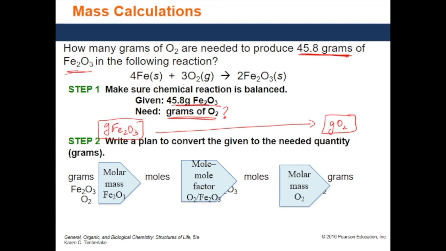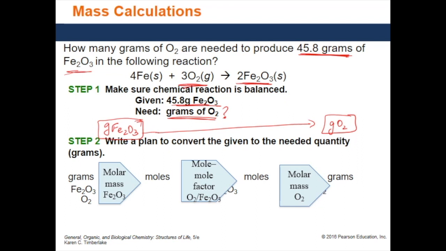What is the relationship that we know? We know from moles of iron oxide to moles of oxygen. We don't know how to go from grams to grams. We know from moles to moles. So basically, if we can convert these grams to moles, then we can convert those moles into moles of the other. So always your first aim would be to go from grams to moles.